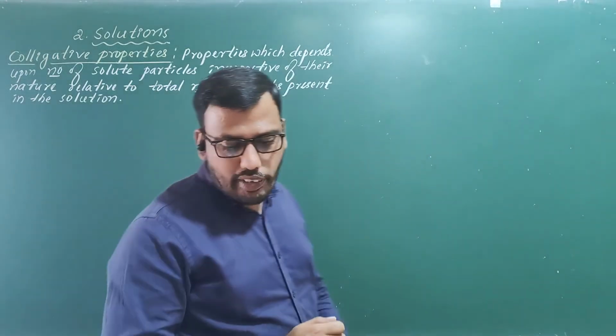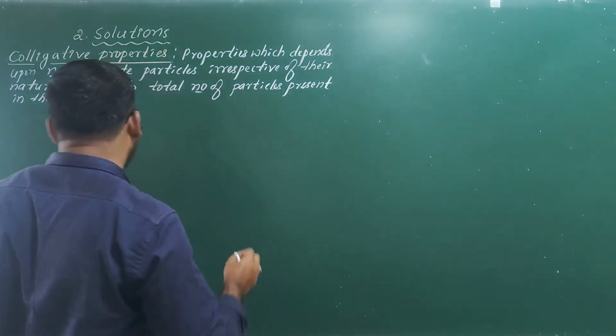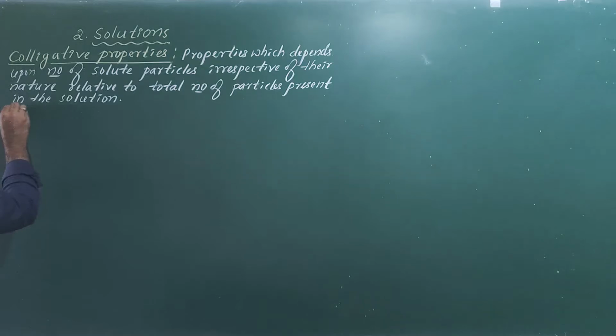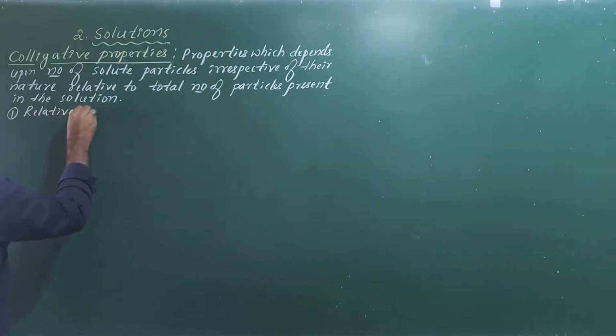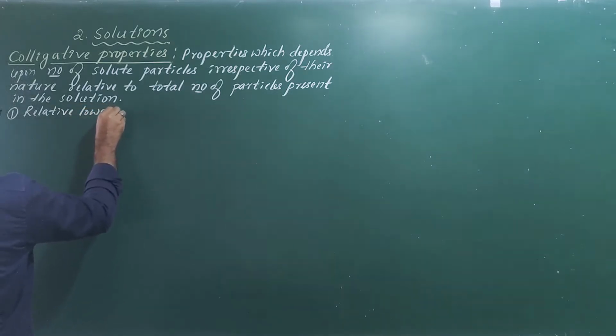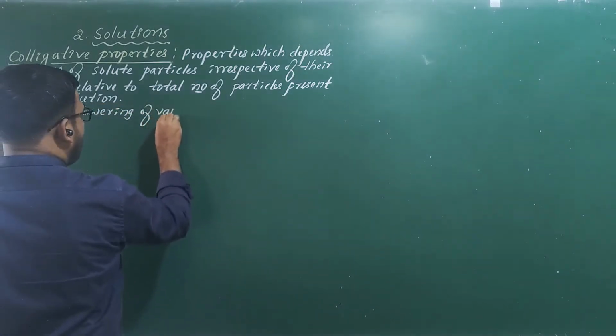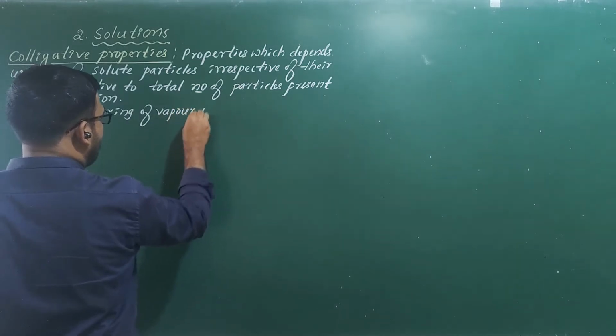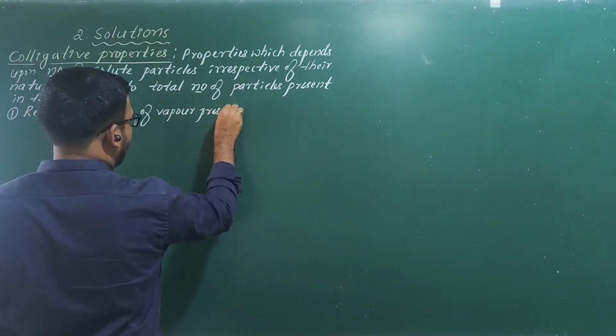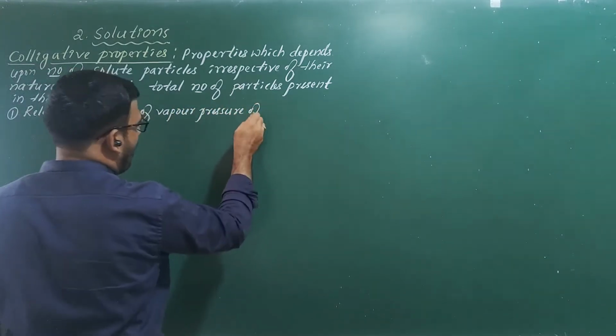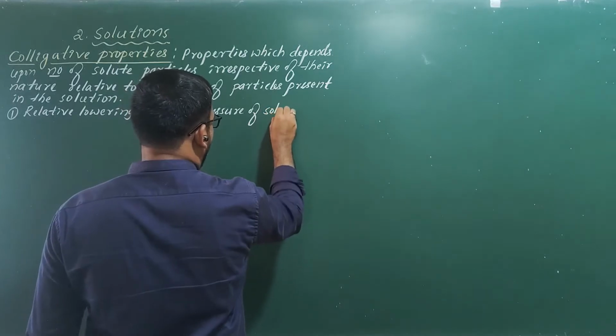So the four well-known colligative properties are: first one, relative lowering of vapor pressure of solvent.